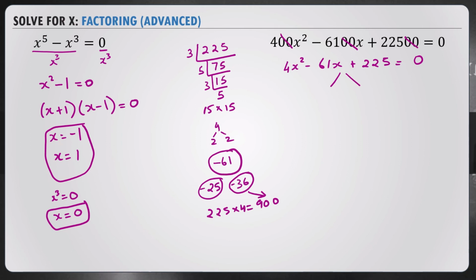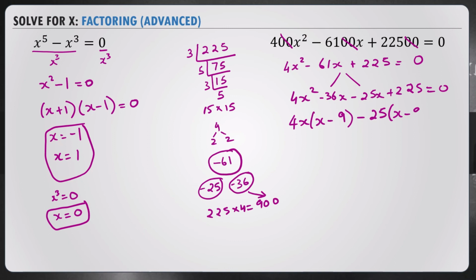That will give me negative 36x this side, minus 25x, and we have 4x squared plus 225 is equal to 0. Now this becomes easier to solve. We have x minus 9 minus 25, x minus 9, because it's a negative and that's positive, is equal to 0.